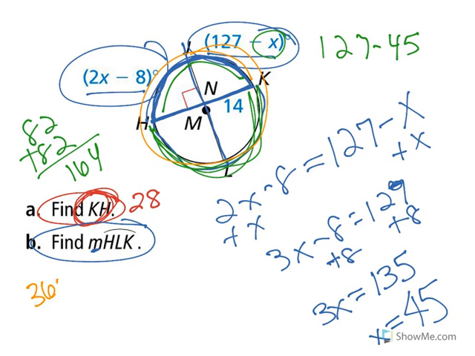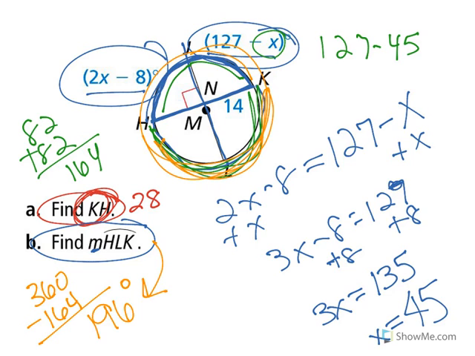So let's do 360 minus 164. I'm going to use my calculator again. Oops, I put 161 anyway. So that gives us 196. So the answer to the measure of HLK would be 196 degrees.